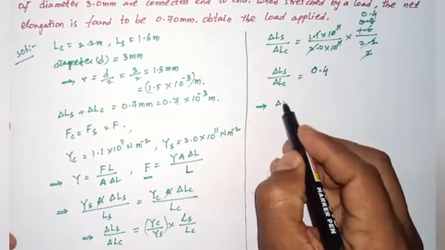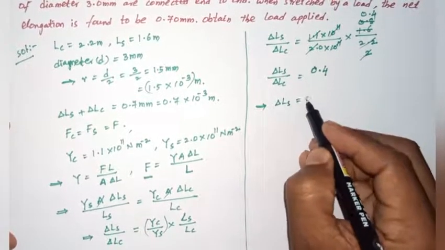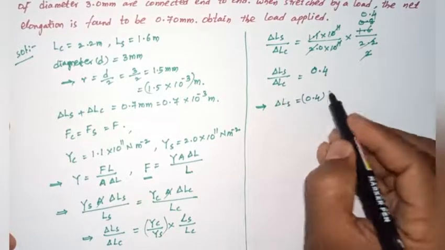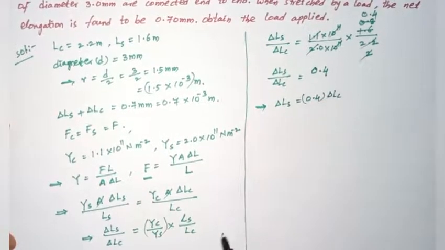From this, delta Ls equals 0.4 into delta Lc.